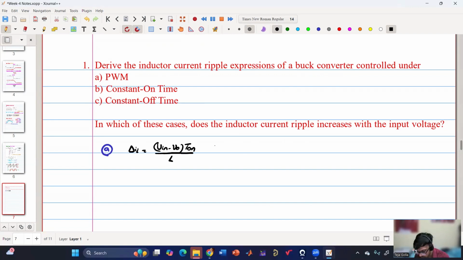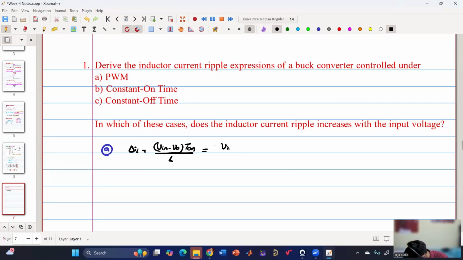So in PWM, what is constant? TSW. So we have to write everything in terms of TSW, because T on is not constant. We cannot say whether delta IL is increasing with V in or not because T on is also dependent, right? So we have to write in terms of those variables from where we can conclude something. V naught is constant, so I will write everything in terms of V naught and V in.